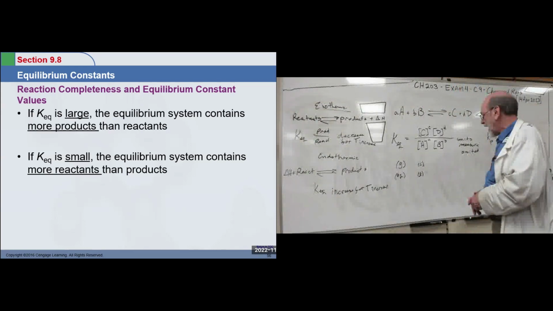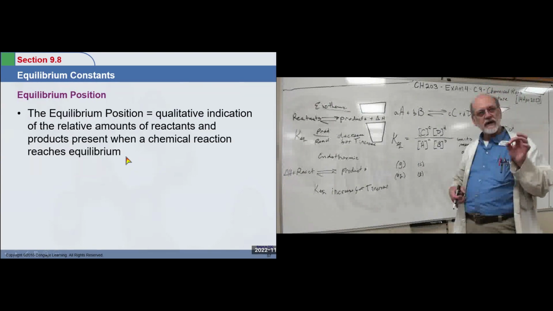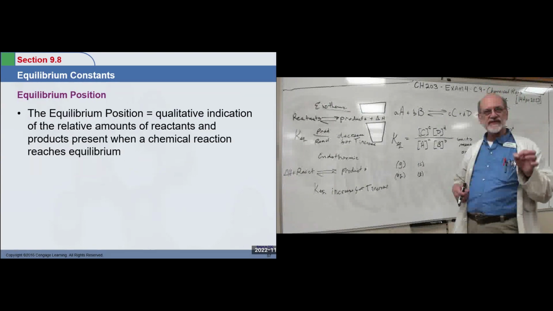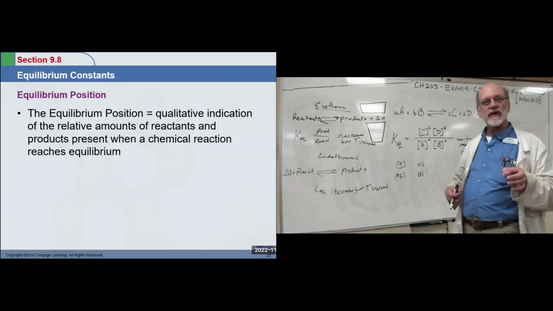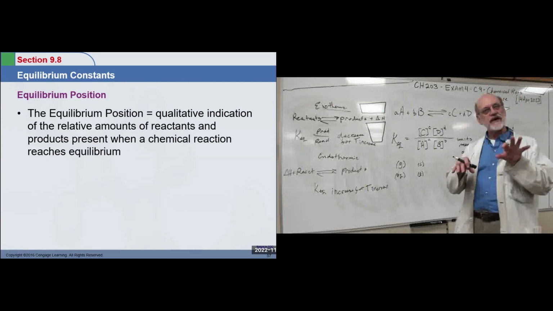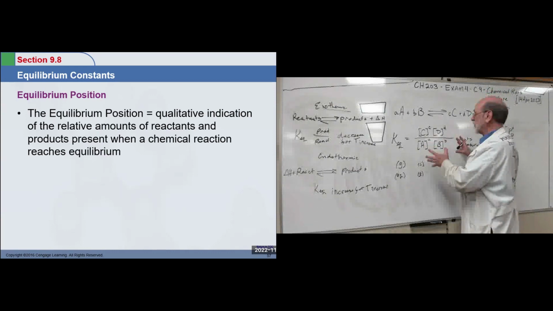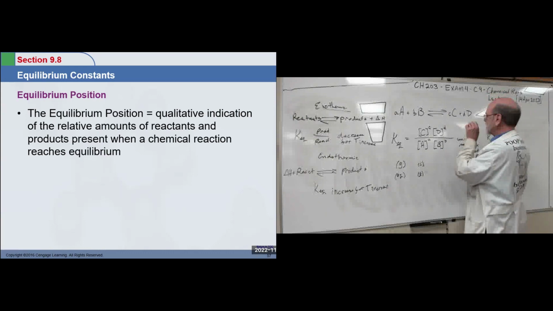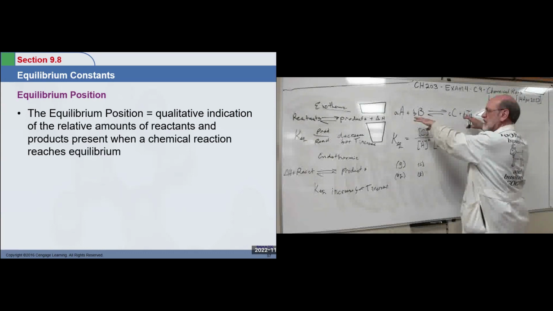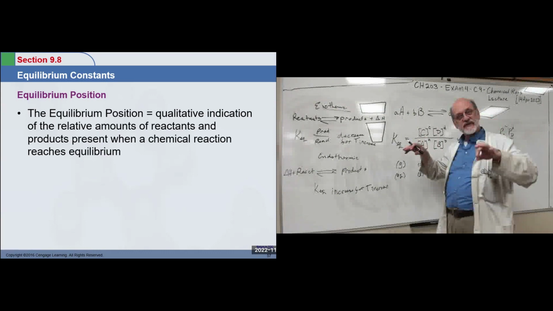Now, I alluded to this before. There's a difference between equilibrium constant and equilibrium position. An equilibrium position references the absolute concentrations of the reactants and products. So if we're at equilibrium and we have certain concentrations here of reactants and products, that is an equilibrium position.